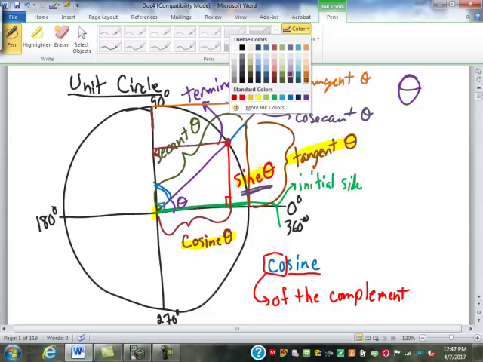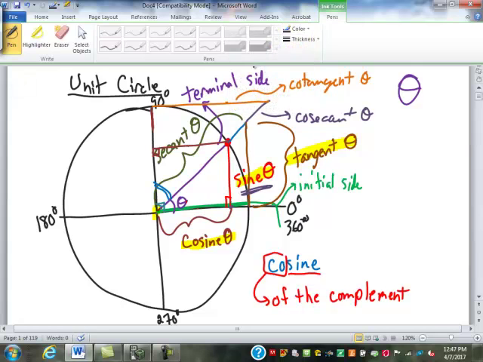Okay, now let's do some useful stuff here to get this now related to triangles. How do we get this related to triangles? I'm going to start out with this triangle right here.